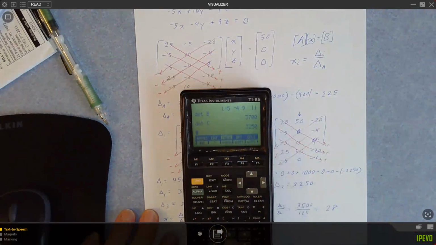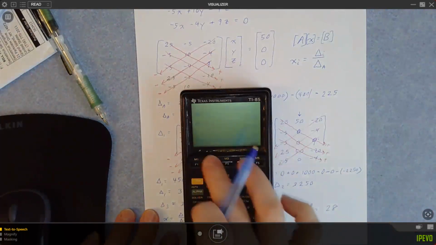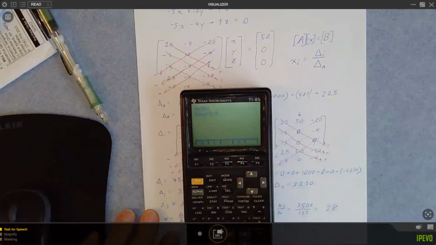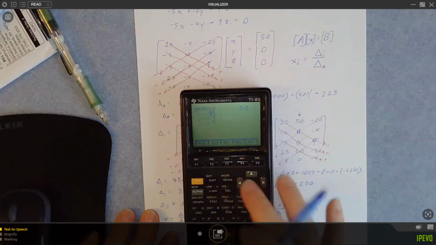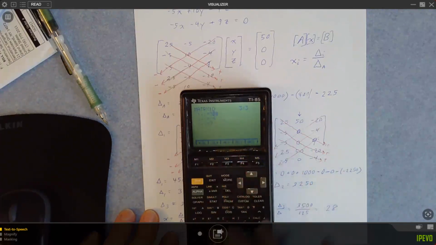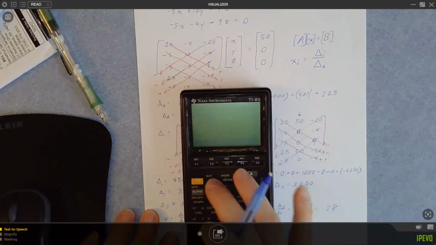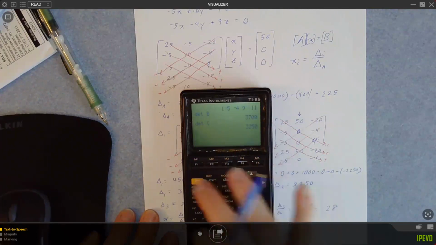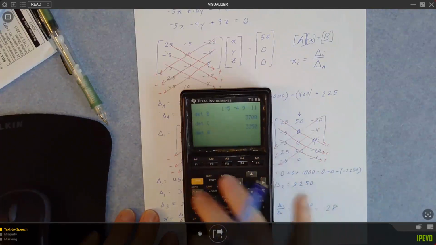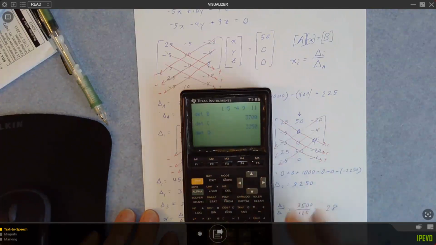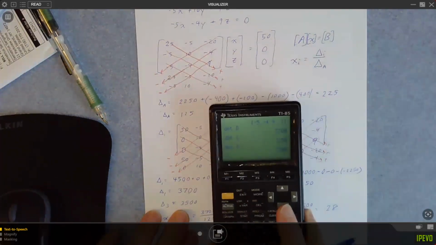I did the same thing on my calculator. And then I think you believe me now. Go to the third column here, put a 50, a 0, and a 0 in. Okay, the determinant of D, and you get 3,500, which is what I told you it was.